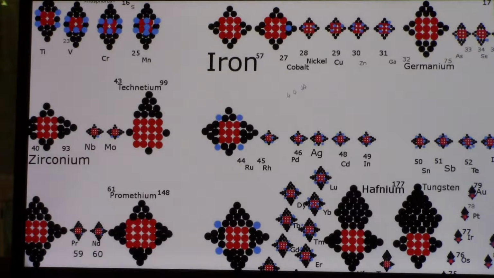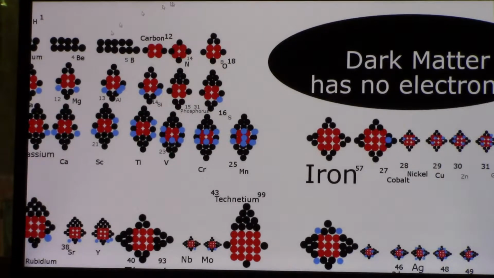So now the carbon over here has the cube in the center in red, and iron is special. It has a cube of 3 by 3 by 3 here, and that's dark matter. It's ordinary matter with no electrons, so it can't give off any photons, and it can't absorb any photons because there's no electrons paired with the protons.